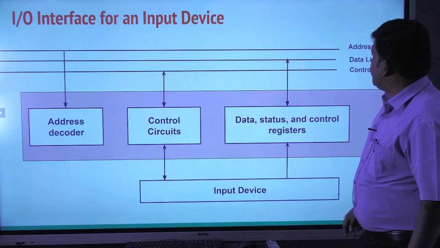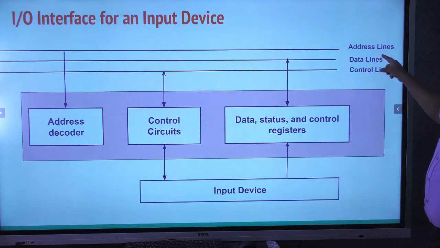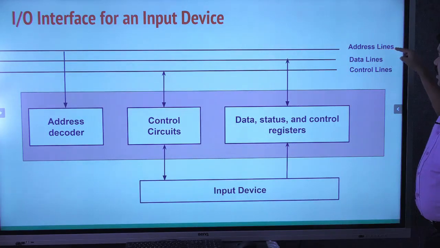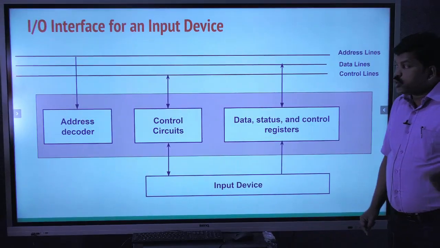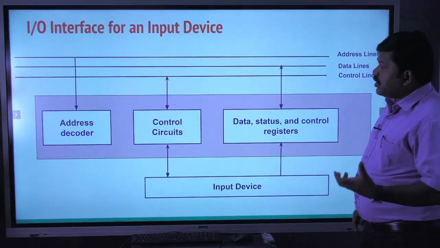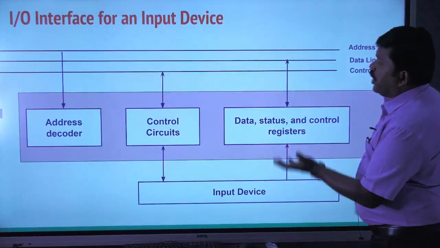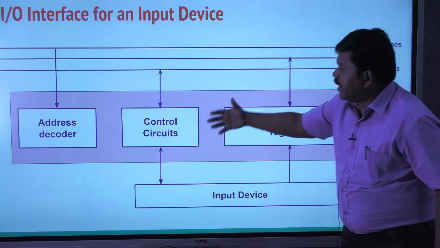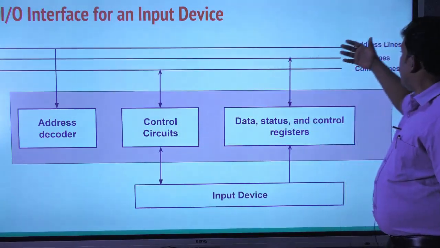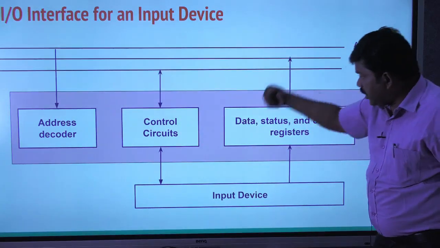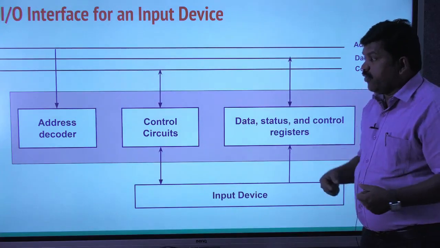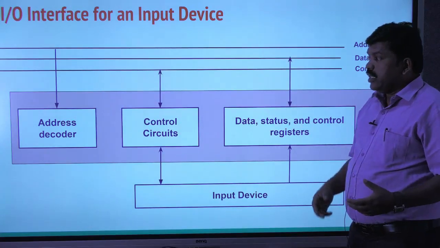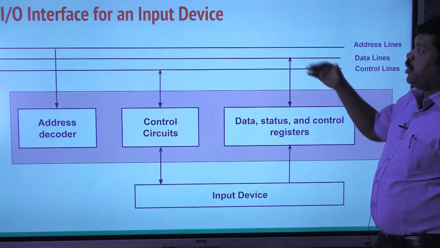As I told you earlier, we have address lines, data lines and control lines. Address lines are used to identify at which address the data is stored, and for which address we are going to place this data. The address will be taken from the address lines, so the address decoder will decode the address, that means where the data will be moved to.